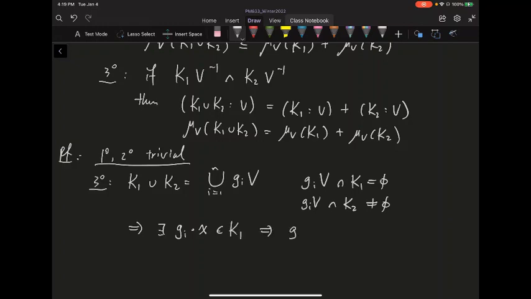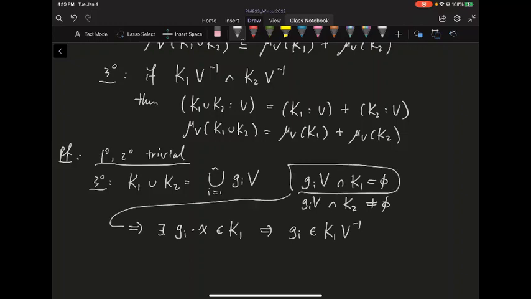In other words, when you translate on the right by this x inside v, gi is inside k1 v inverse. The second one will also imply, by a similar argument, that gi is inside k2 times v inverse, but this is a contradiction. These two are separated, their intersection is empty, so you can't find it.